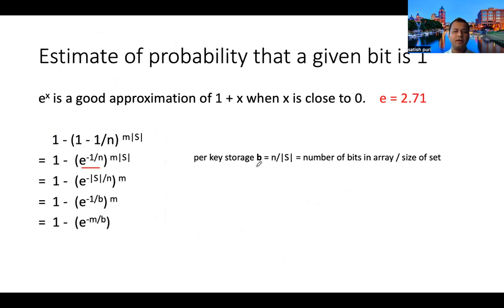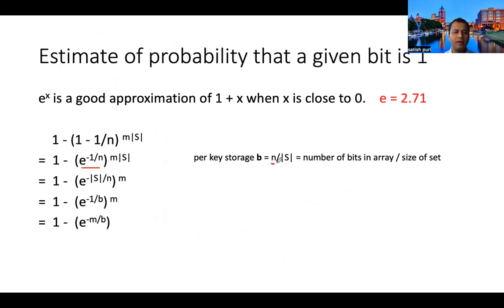Now, in the earlier slide, I told you about per key storage: how many bits of storage are we allocating per key, per element, how many bit positions are there, how big is the bit array, and how many elements are we storing, the size of the set.